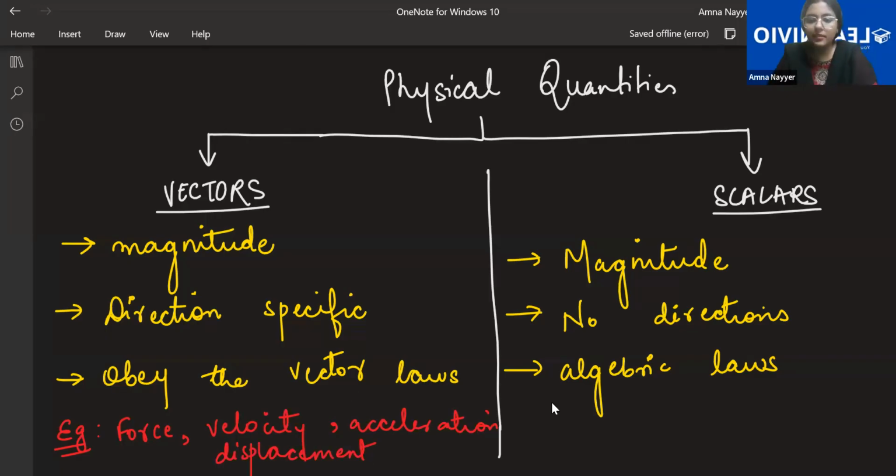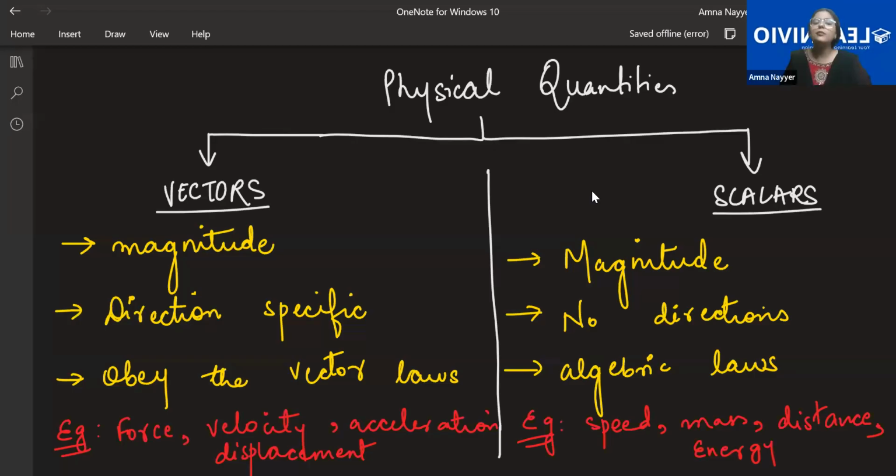All these are vectors. For scalars, you can take speed, mass, distance. All these are scalar quantities which do not have any direction. Energy as well, all these are scalar quantities.